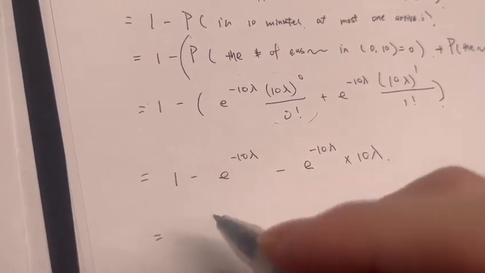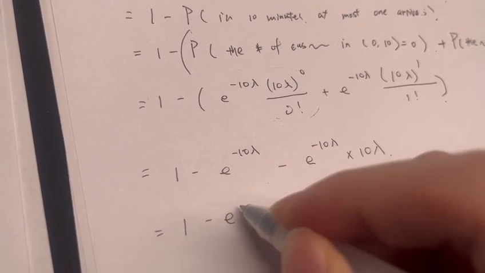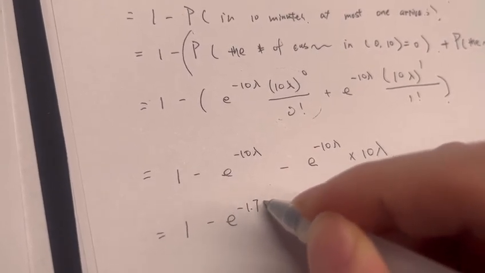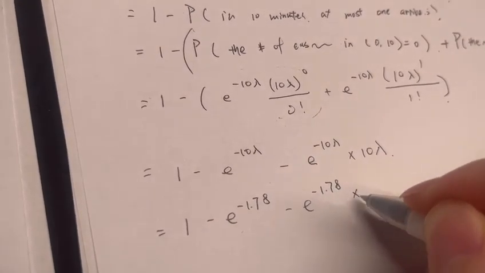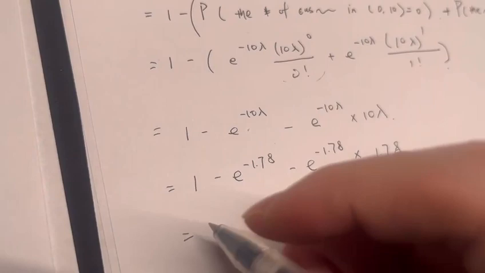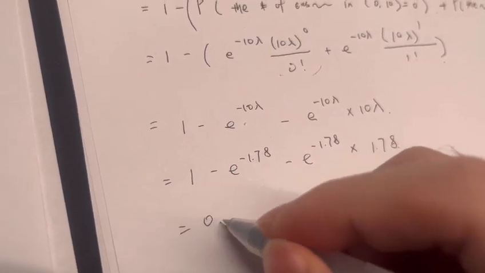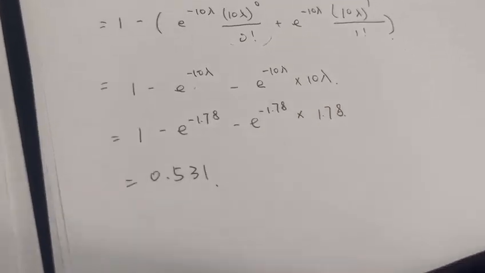Then we put the value of lambda into this equation, and we get the final answer as 0.531. That's the answer to question number 3.